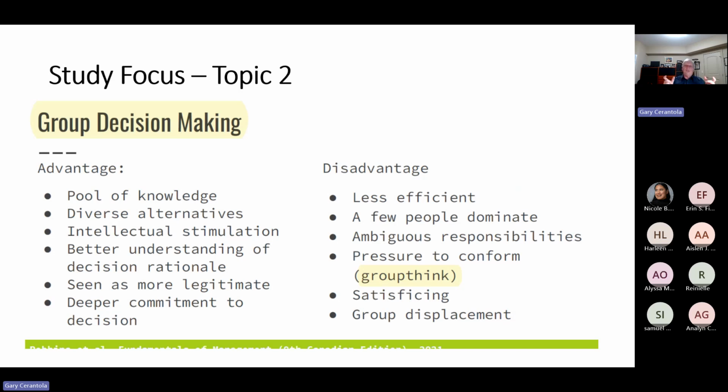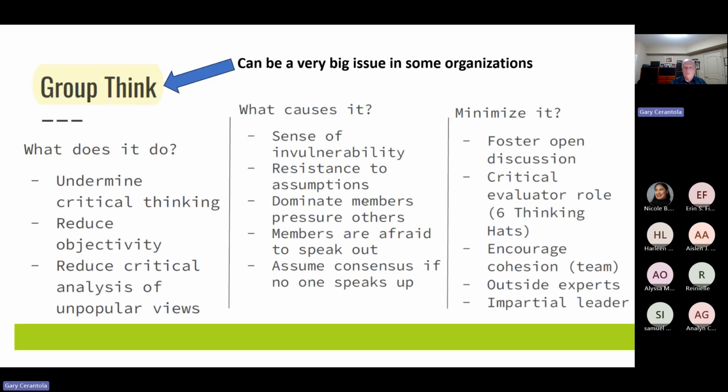And what happens then is you don't get a good diverse set of alternatives because everybody's thinking the same way, because they know that, hey, we want to placate the leader, and it's just not worth the hassle to bring their opinion. Or in some cases, you have like a board that has been working together for like 10 years, and they've made all these decisions together, and now they don't try to change anything. They're all thinking the same way, and that really just is a disadvantage for what's going on.